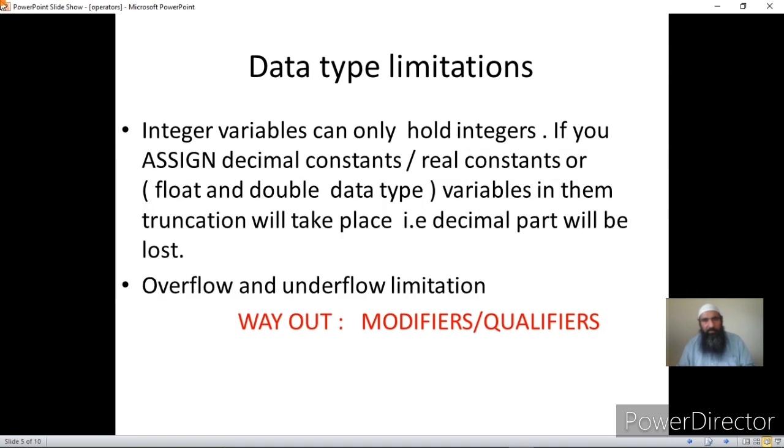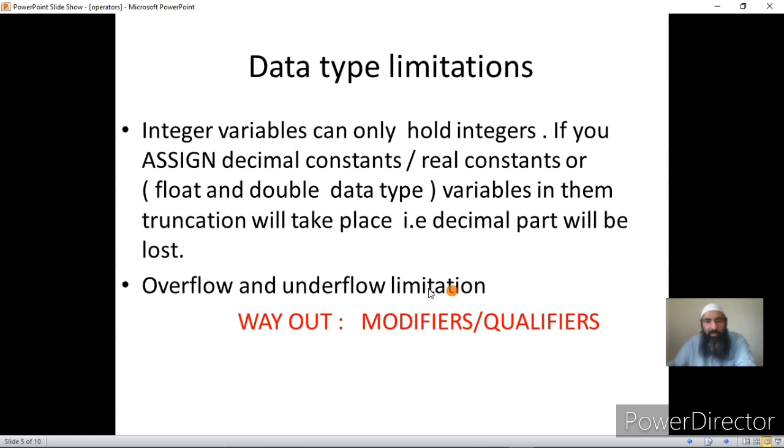Now see, we have made an important conclusion here. Integer variables can hold only integers, and if you assign decimal constants or real constants, or float or double type variables to them, truncation will take place. That is, the decimal part will be lost.